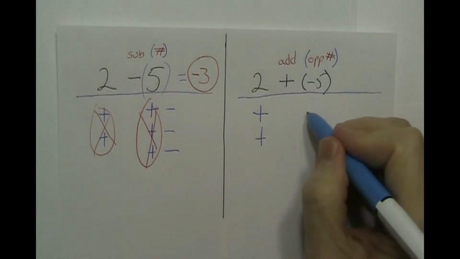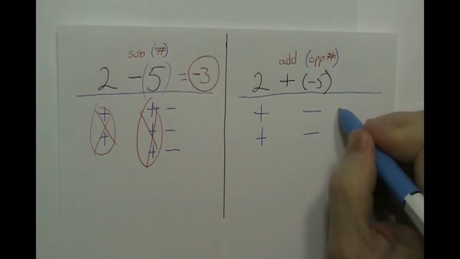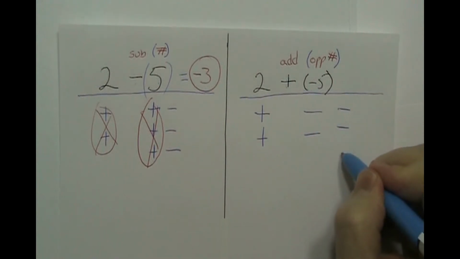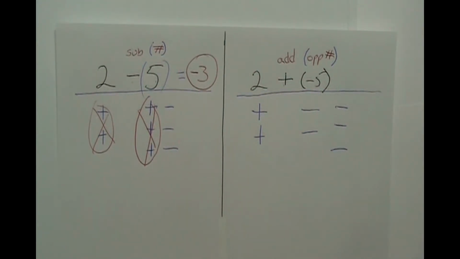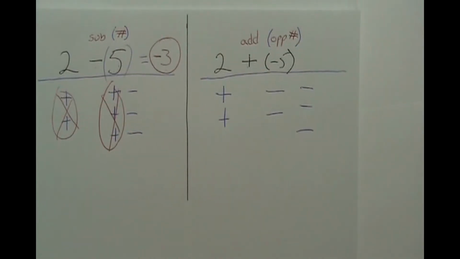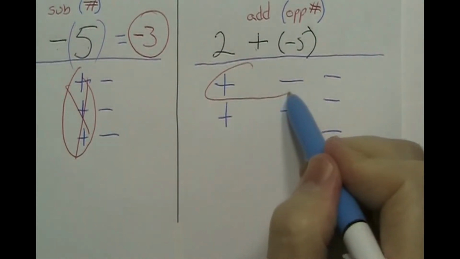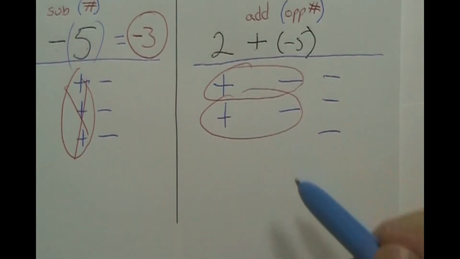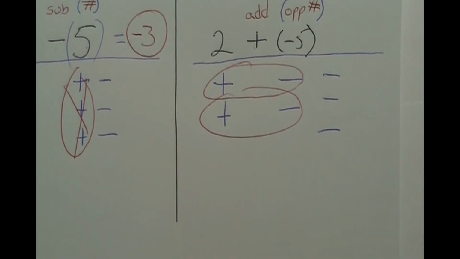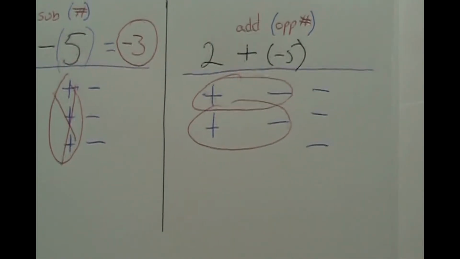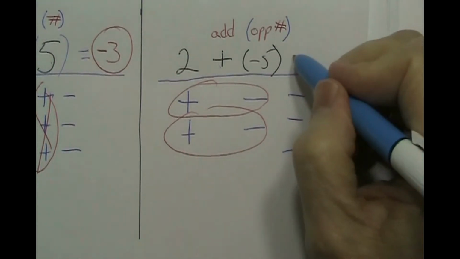Okay, so if I add 5 negatives, 1, 2, 3, 4, 5. I added 5 negatives. And if I do that, look at the 0 pairs I have. There's a 0 pair, and there's a 0 pair. That's 0. So what's left? One thing that's left is 3 negatives.